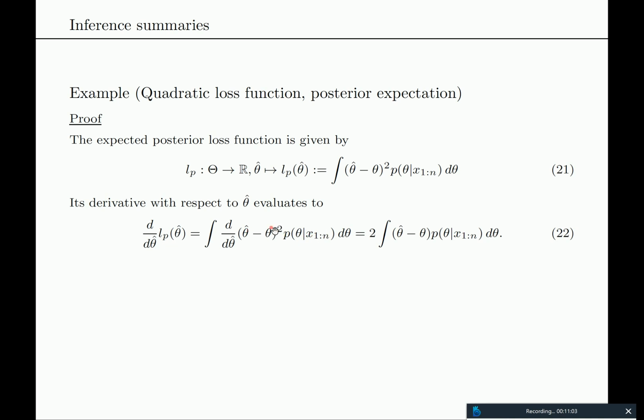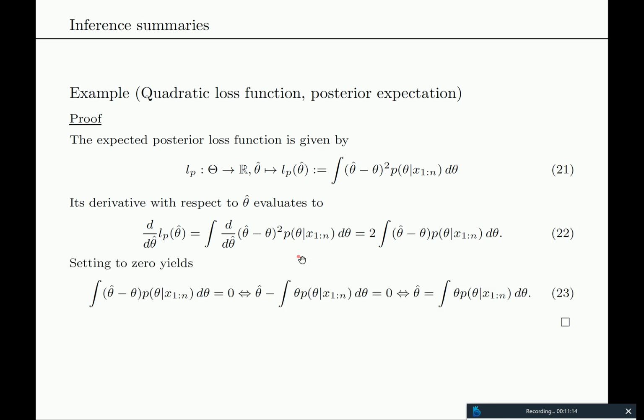Of course, then the only thing that depends on theta hat is this square expression here. You get rid of the square, and nothing else happens. And then you set it to 0, and 2 cannot be 0, so this needs to be 0. And then the integral is of course not depending on theta hat, so you can get the theta hat out, and then you already have that the minimum of the expected posterior loss function under a squared error loss function or quadratic loss function is the posterior expected value.